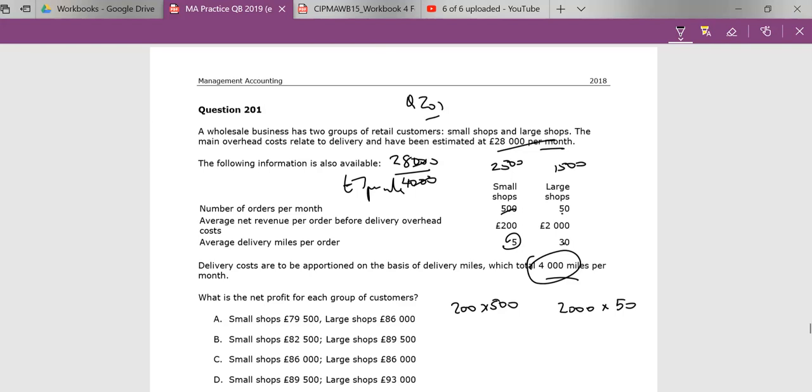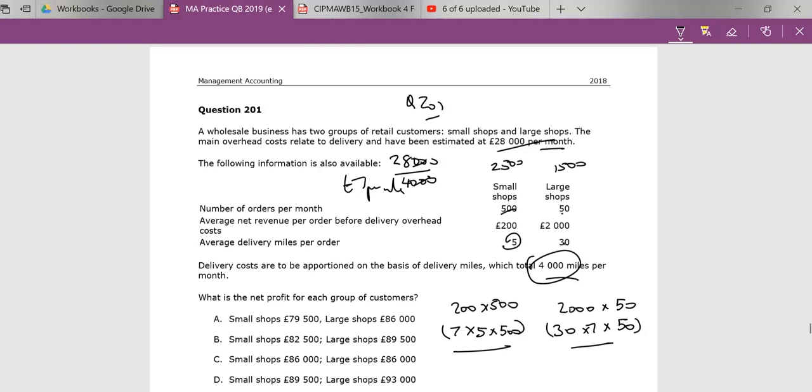Delivery is the main cost: 7 times 5 miles for every order times 500 orders, and 7 times 30 times 50 orders. That's the working we're dealing with.